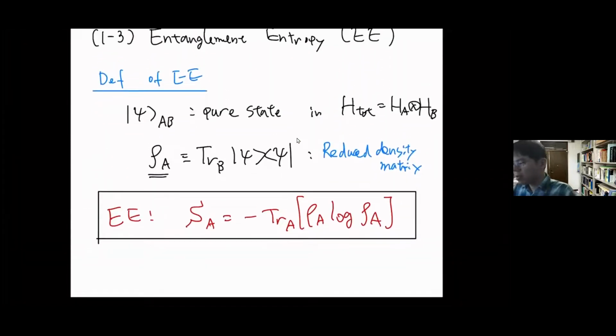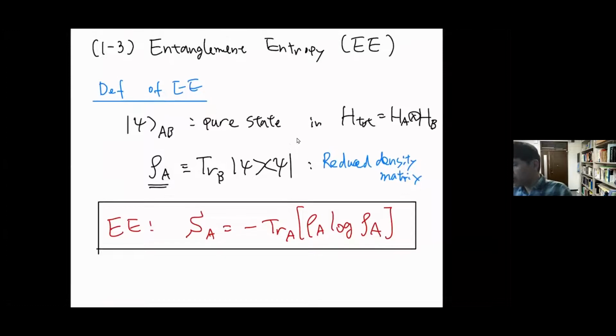But practically, it is easier to calculate a one-parameter family of this entropy, called the linear entropy, or Renyi entropy.